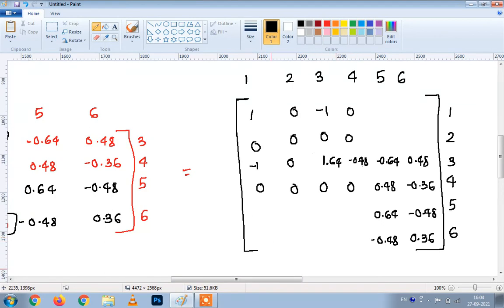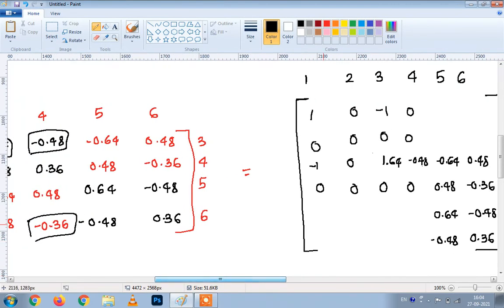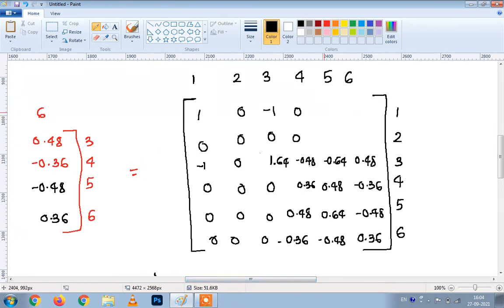What we will do here: 0.36 minus 0.36, and this particular element 0.48, we have to add this element here. Erasing this now, I will write here 0.36. In this way we simply combine, and the remaining elements which are not present here, write them as 0.